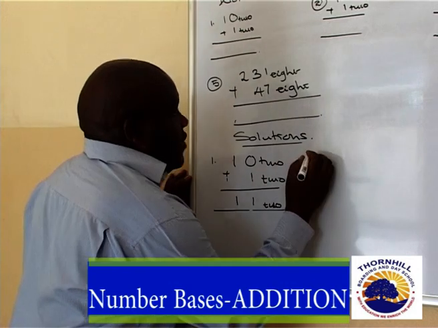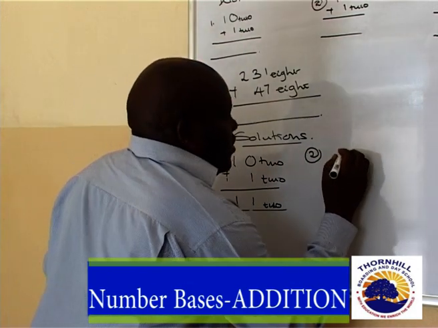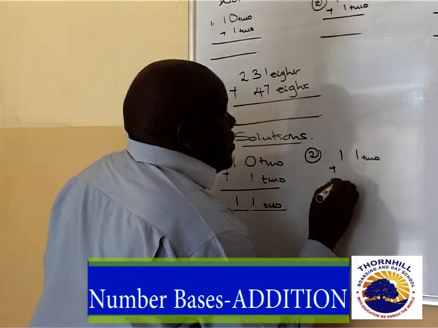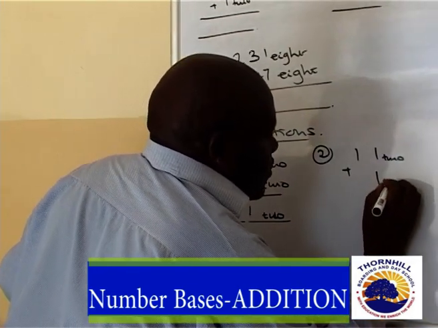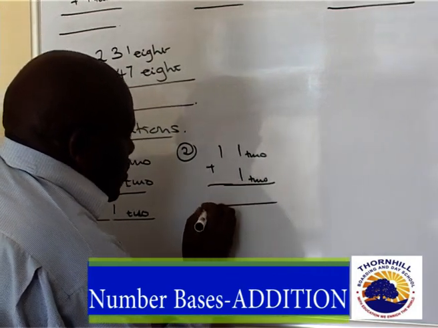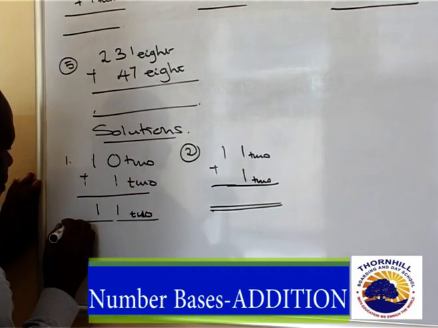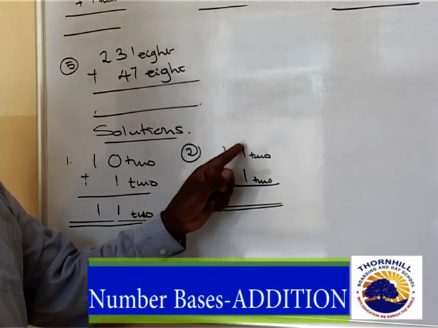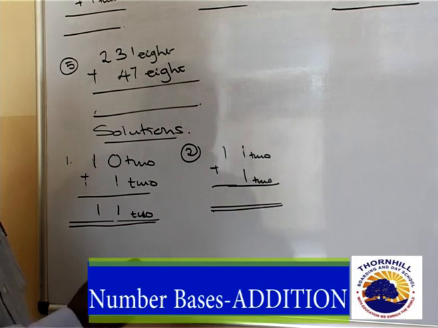We go to the next one. The next one is 11, base 2, plus 1, base 2. Again, we do the normal adding. 1 plus 1 gives me a 2.